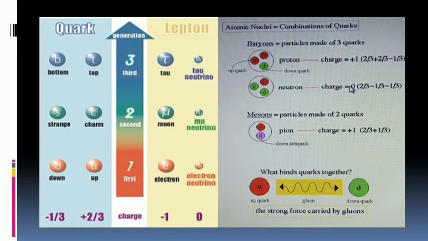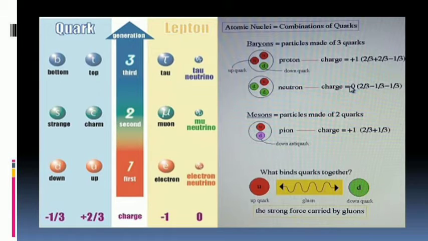gluons. As you can see on the left-hand side, there are 3 generations of subatomic particles: first generation, second generation, third generation. In the case of leptons, the first generation is the electron and electron neutrino, the second generation is the muon and mu neutrino, and the third generation is the tau and tau neutrino.